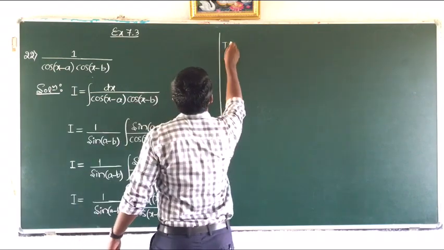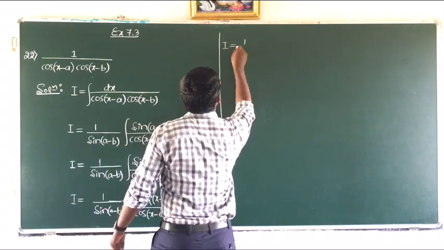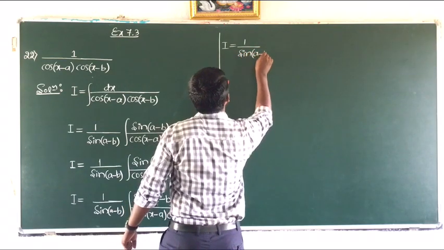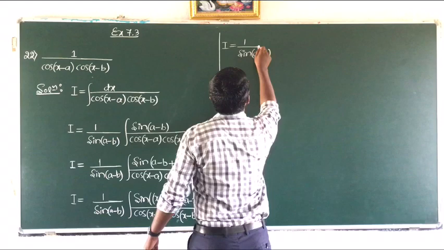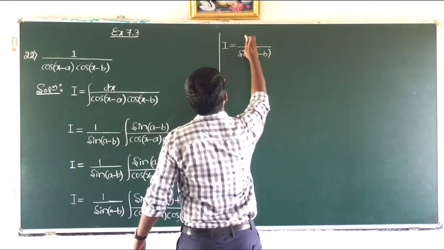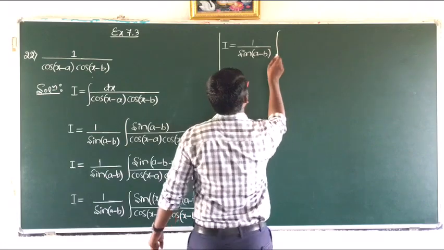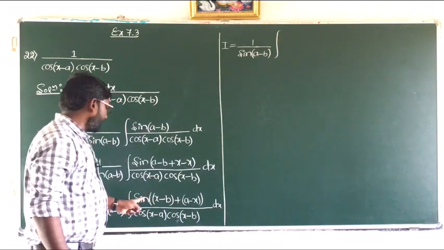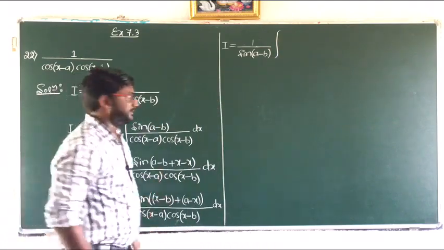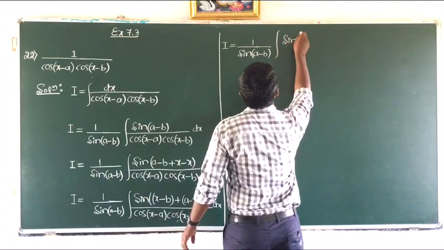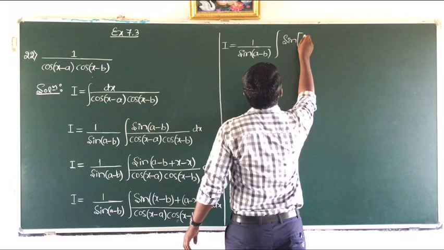I is equal to 1 divided by sin of (a minus b), integral of sin (x minus b), I write it as it is, sin x in the bracket, x minus b.